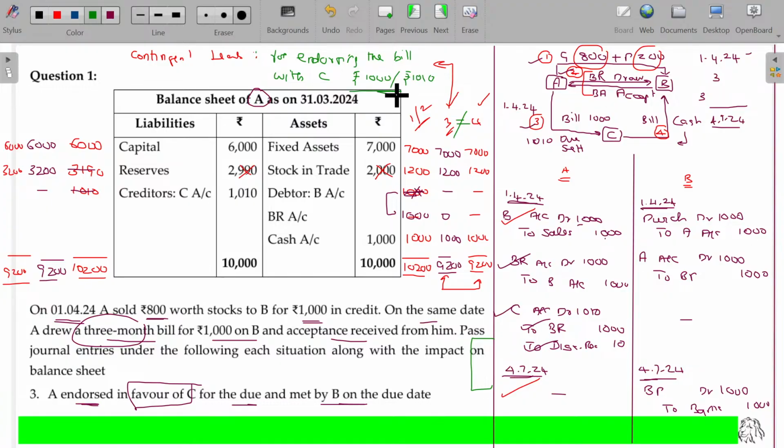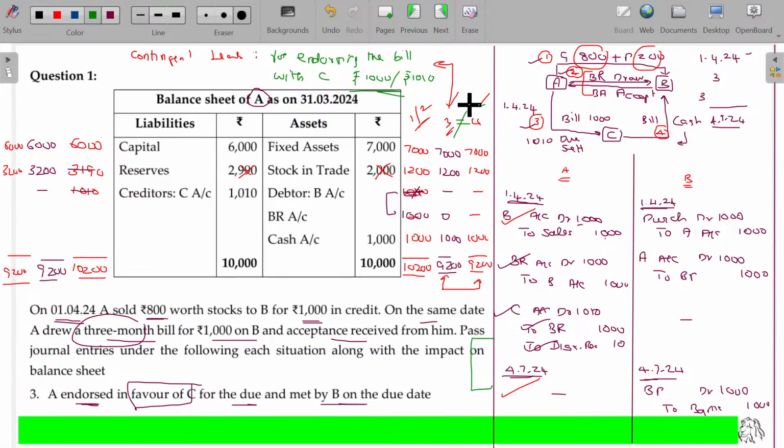Clear? This particular contingent liability will disappear after the fourth one. So during the period after the third transaction, before we pass the fourth transaction, you have to write a small note below the balance sheet stating that this is a contingent liability for bills discounted, because it's a moral responsibility. If B fails, I have to pay.